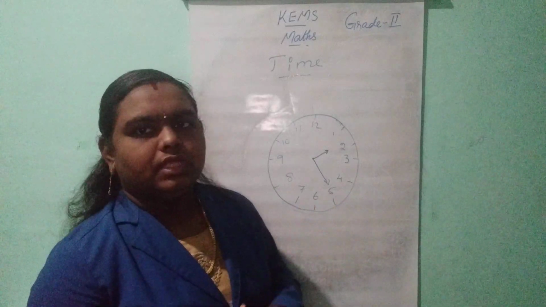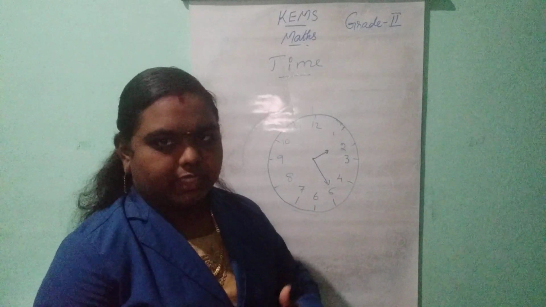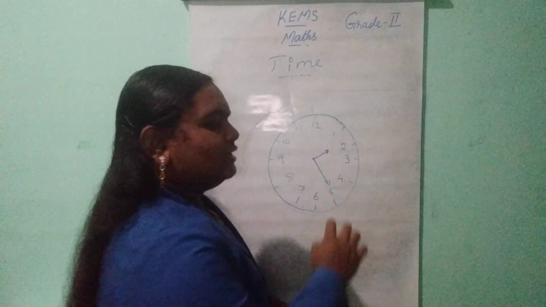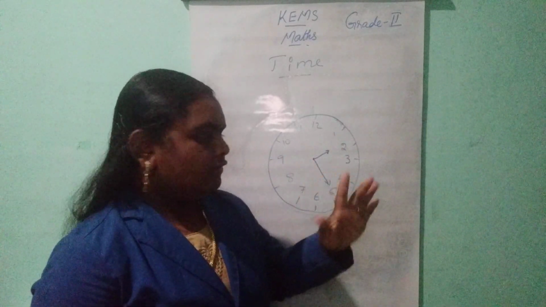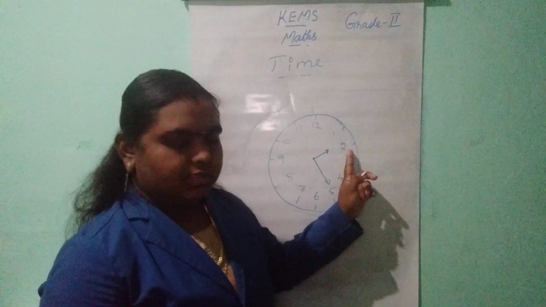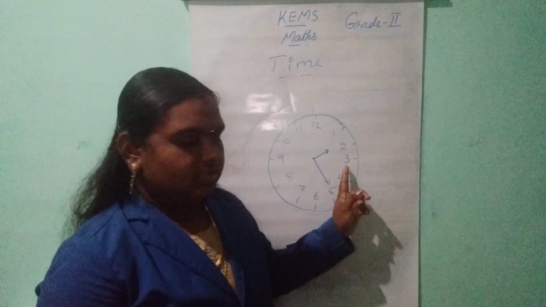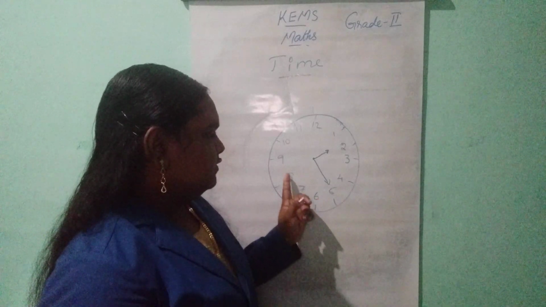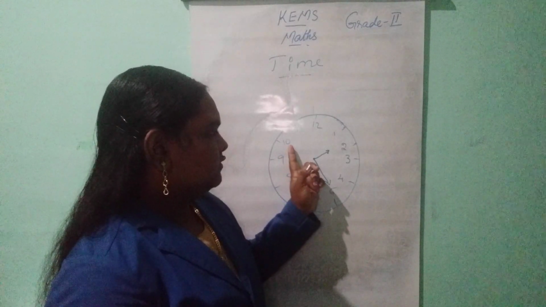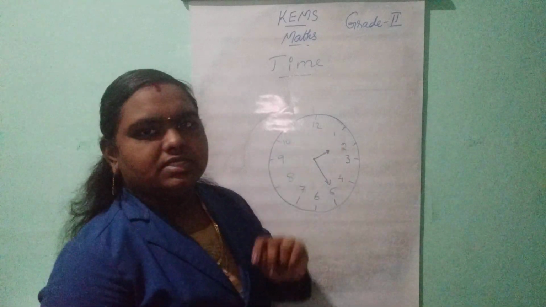How can we calculate the time? The 1 represents 5. 2 is 10. 3 is 15, 20, 25, 30, 35, 40, 45, 50, 55 and 60.